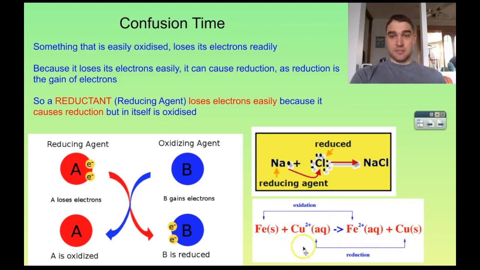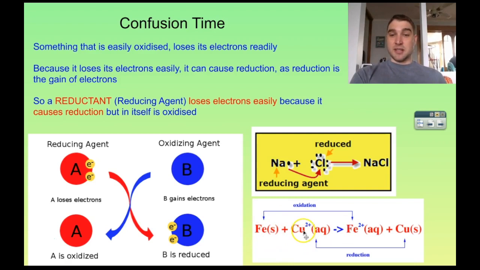Therefore, because the iron is being oxidized to iron ions, it is causing the reduction by losing its electrons that are gained by the copper. It is losing its electrons, and therefore the copper is being reduced. So it is a reducing agent because it is causing the reduction of the copper ions. So iron is a reductant.